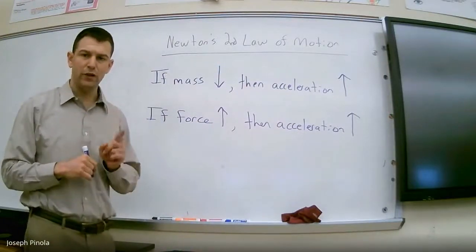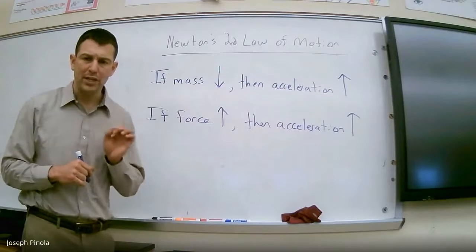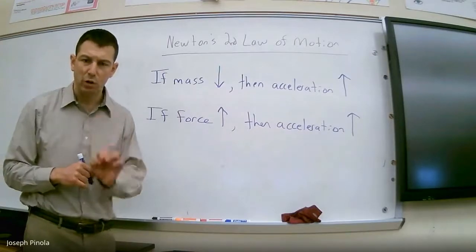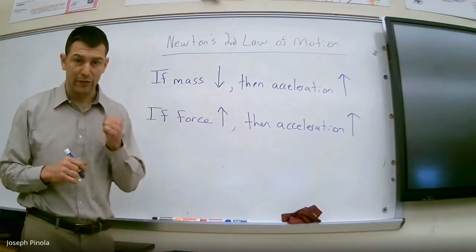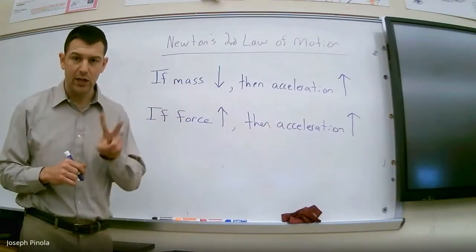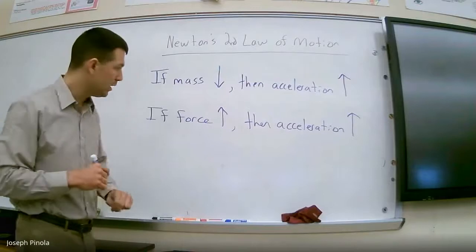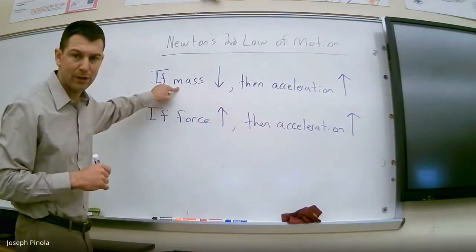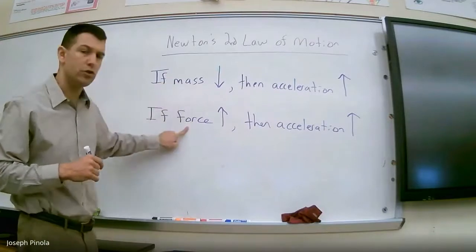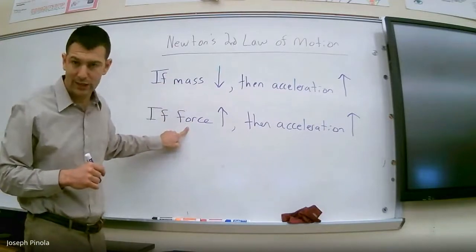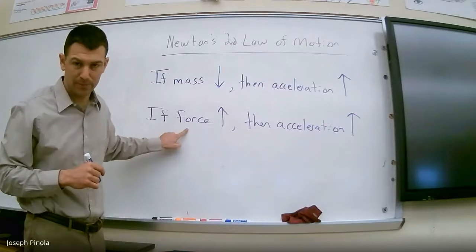So, if you want an object to change its speed very quickly, or in other words, you want an object to have a very big acceleration, you should do two things. You should make the mass of the object as small as possible, and you should make the force on the object as big as possible.